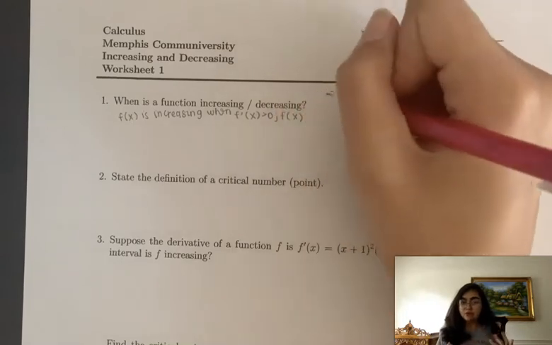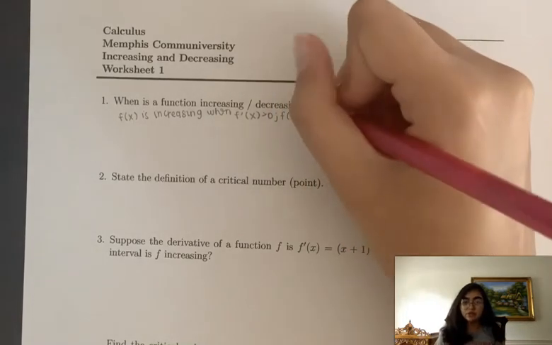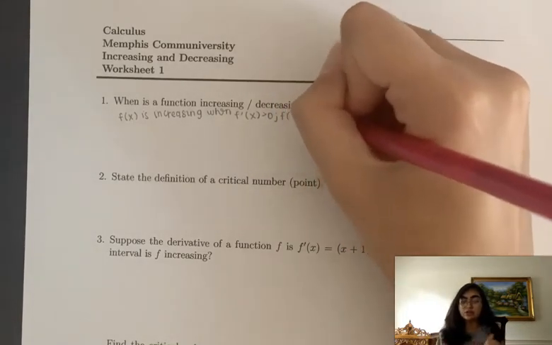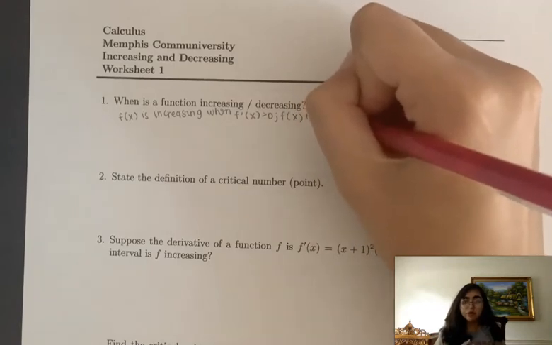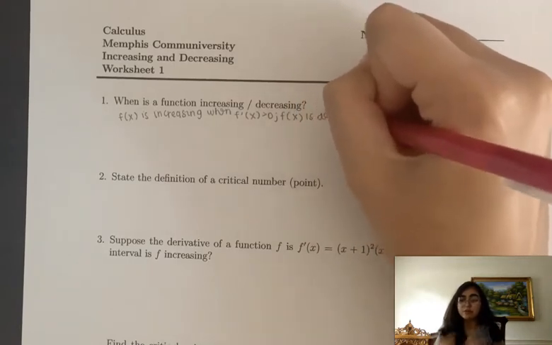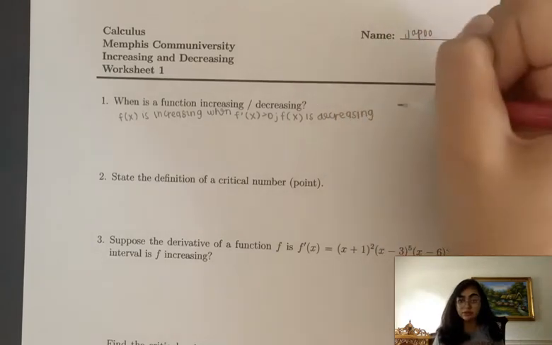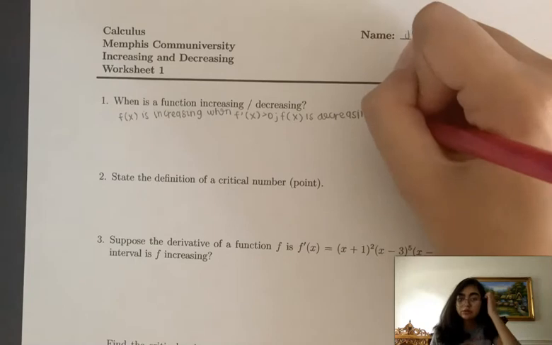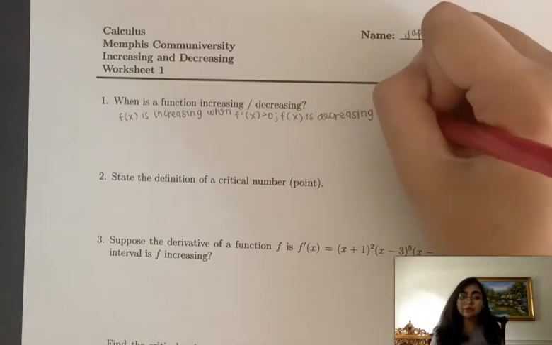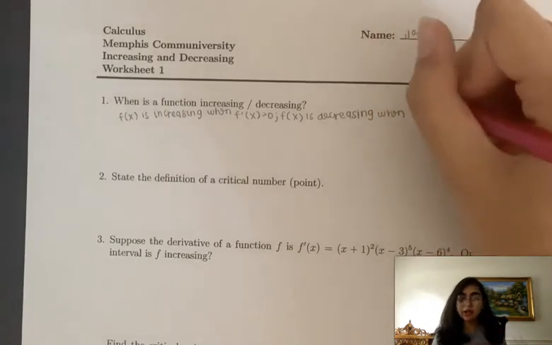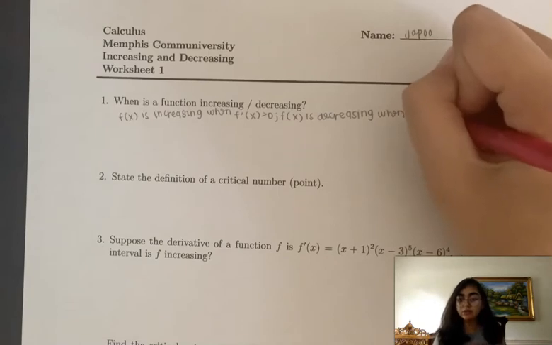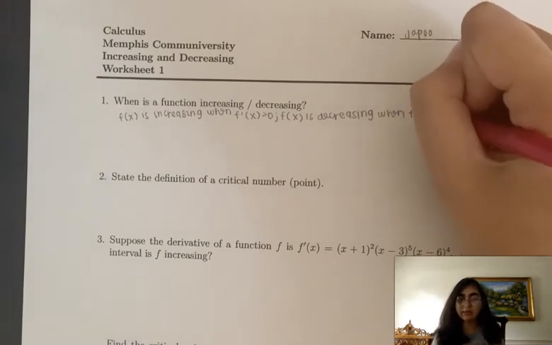When f prime, or the slope, is positive, the original function f is going to be increasing. When the slope, or f prime, is negative, the original function f will be decreasing. So that's how we can find out whether the function f is increasing or decreasing without having to draw the graph of f.